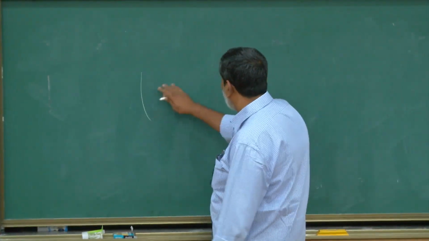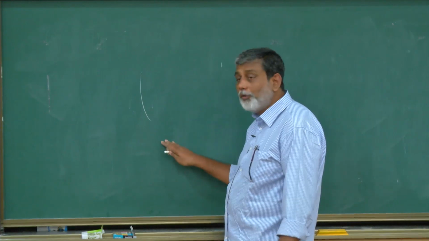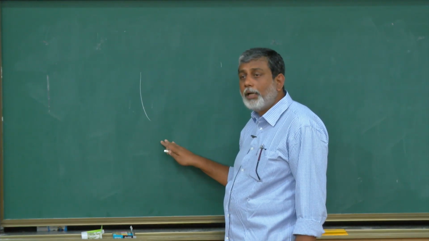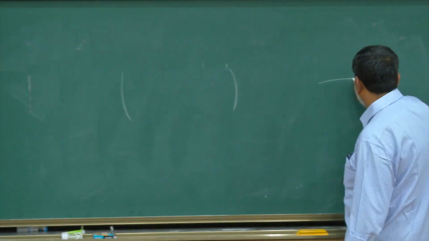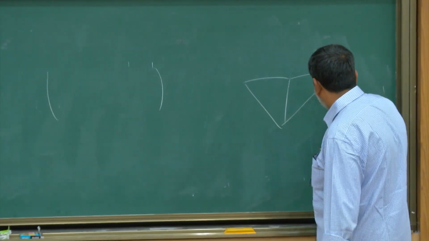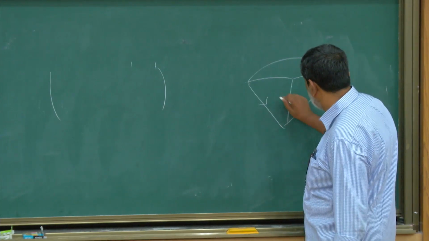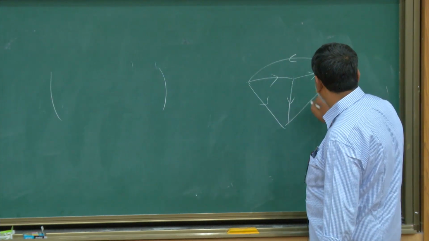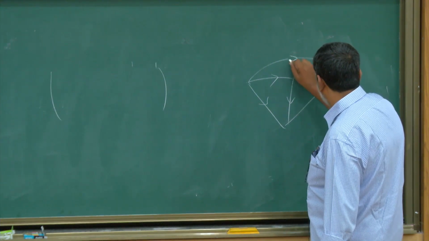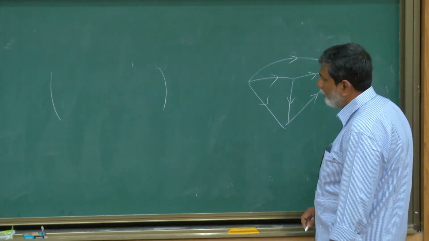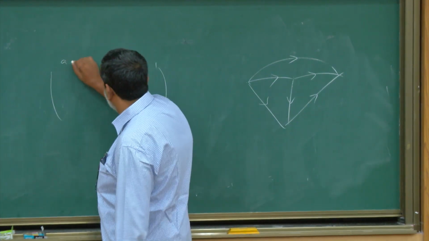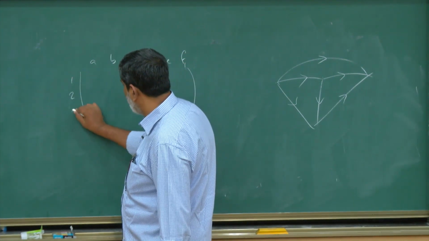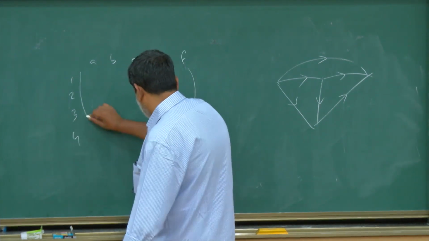Once I have the 3 rows, getting the 4th row is easy. Okay, so this was the graph I had. I don't know how the arrows went. I think it was something like this. No, this was this way. This was up. A, B, C, D, E, F, and nodes 1, 2, 3, 4.